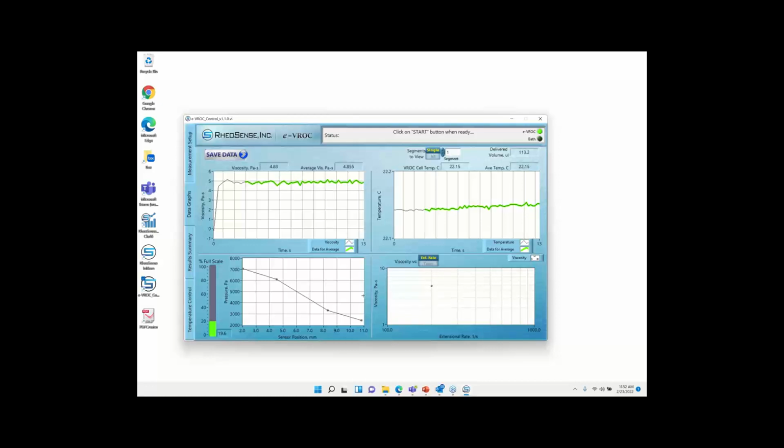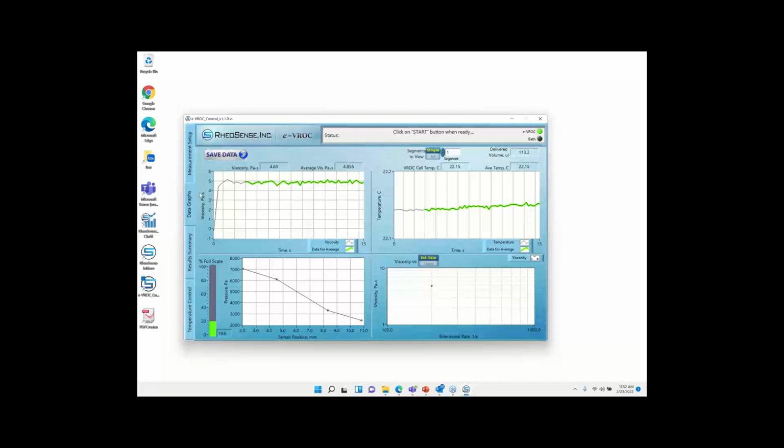So you have to be on the lookout for that a little more than you would with the uniform channel. In fact, I've never seen any turbulence or secondary flows in our uniform channel, but I have seen it in our extensional channel at that empirically determined Reynolds number of about 10 to 20.